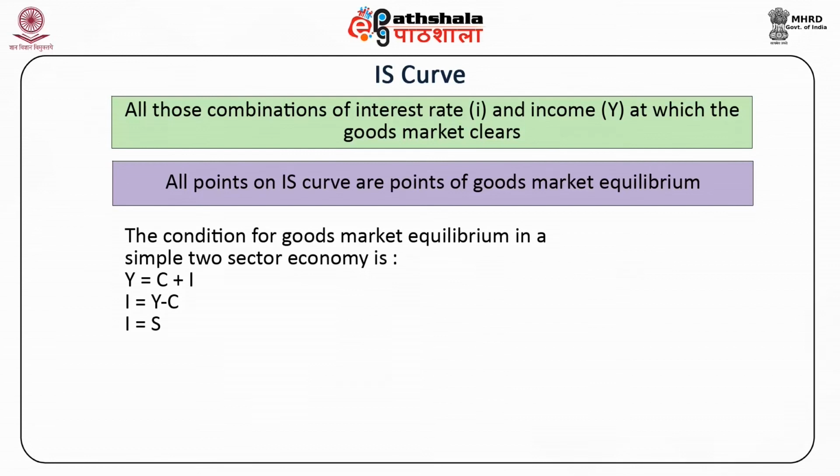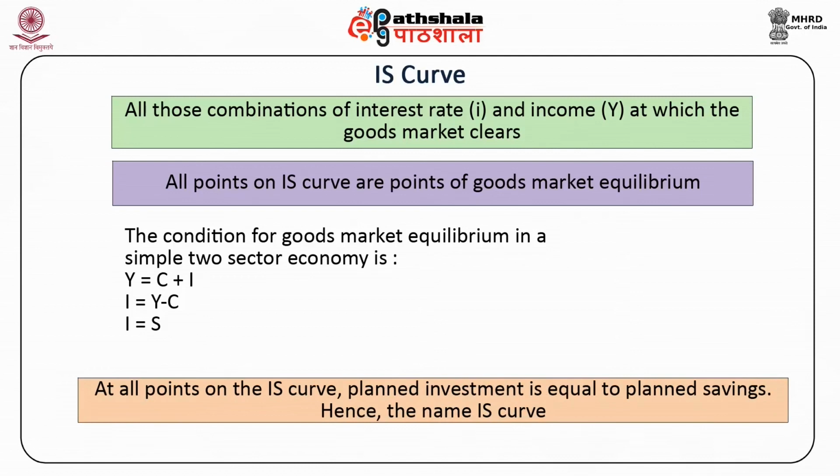The condition for goods market equilibrium in a simple two-sector economy is Y equals C plus I, I equals Y minus C, and hence I equals S. Thus, at all points on the IS curve, planned investment is equal to planned savings, hence the name IS curve.